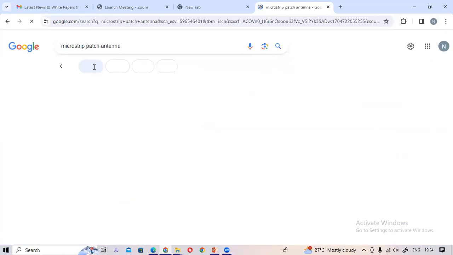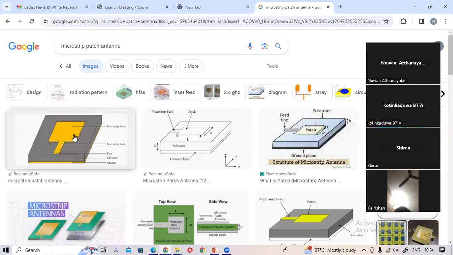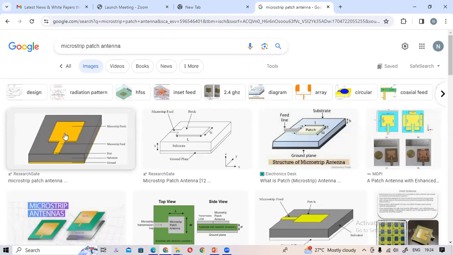You can see this is a substrate, and here you have a top copper layer, and this is the bottom copper layer. In the top copper layer, you can do the microstrip designing.